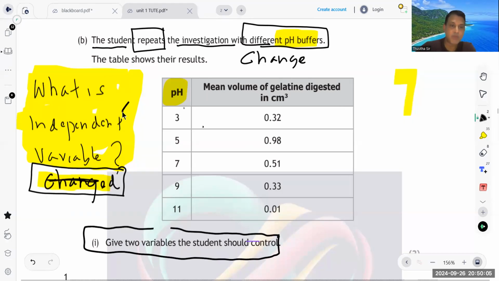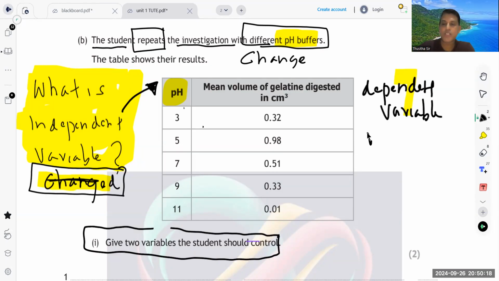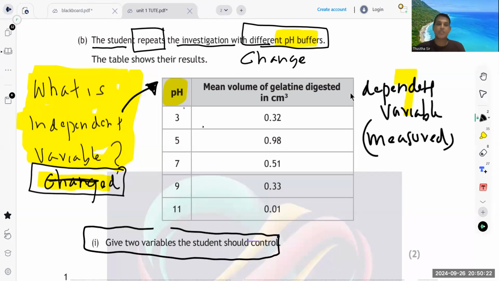So what is the dependent variable? What did the student measure? The student measured the volume of gelatin digested. This is the dependent variable: volume of gelatin digested.